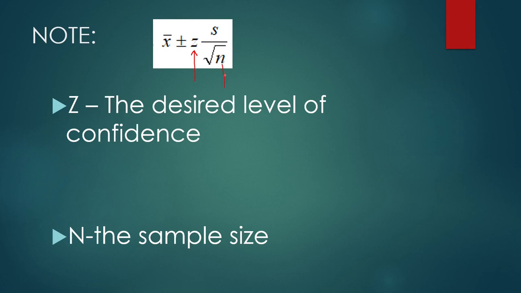The n is in the denominator, so as the sample size increases, we're dividing by a larger number, so the margin of error also decreases. If the sample size is small, then our margin of error gets larger.